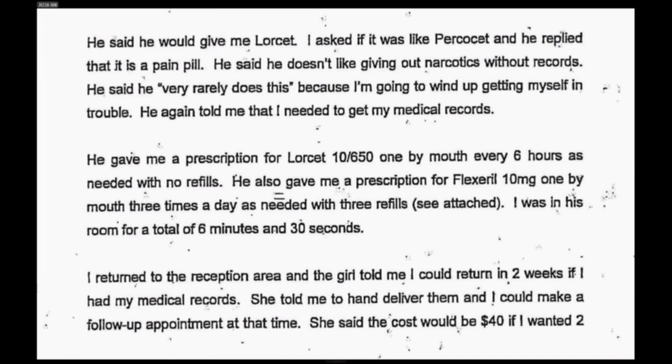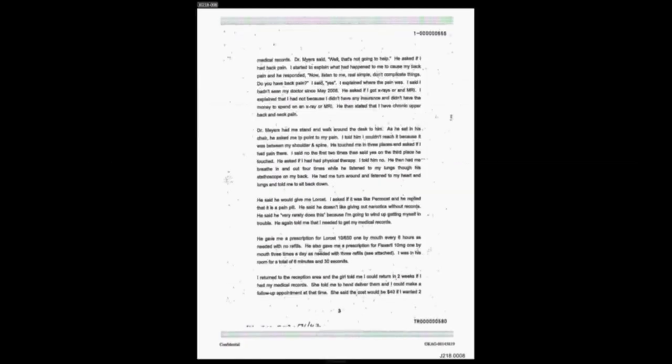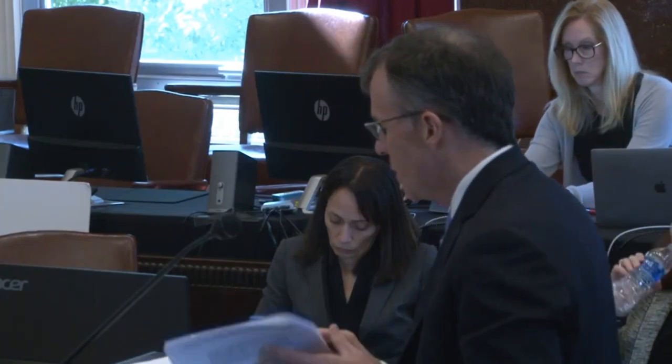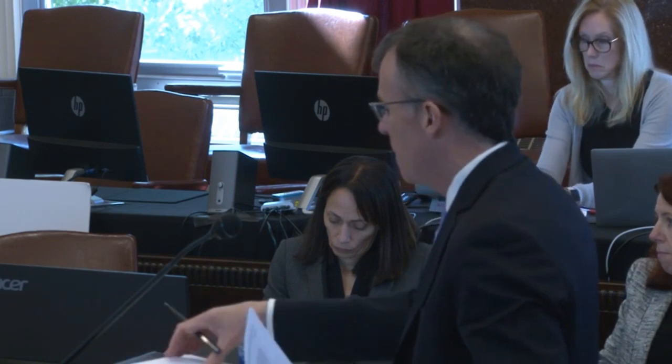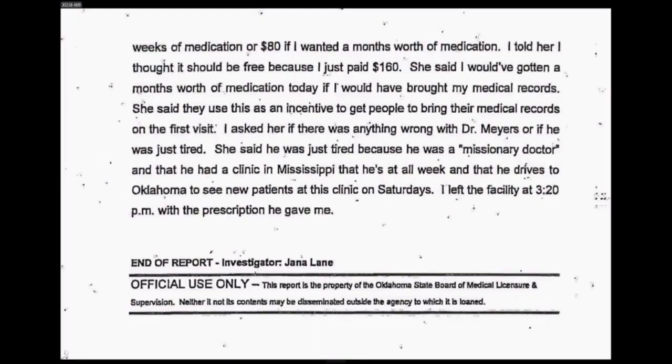And the investigator continues on that she returned to the reception area and was told she could return in 2 weeks if she had her medical records, and that the cost would be $40 if she wanted 2 weeks of medication, or $80 if she wanted a month's worth of medication, right? I see that. All right.